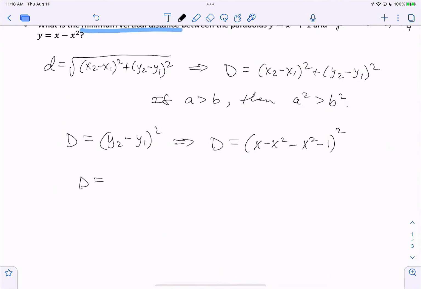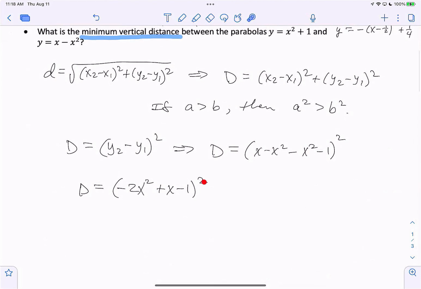So D is equal to negative 2x squared plus x minus 1, the quantity squared. And of course, because we're squaring this, it doesn't matter which one we called y2 and which one we called y1. This is our model.